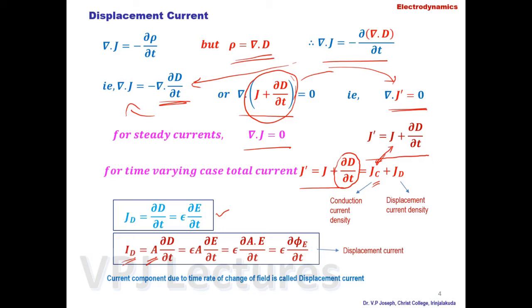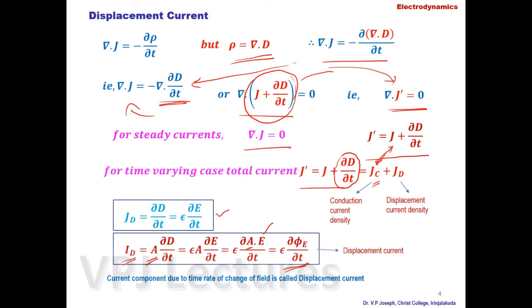So A into dou D by dou t, that is equal to epsilon A into dou E by dou t, or epsilon dou by dou t of A dot E. And what is A dot E? A dot E is the normal component of E with respect to the area A, that is the electric field quantity in the direction of area. So that is nothing but the flux of E, phi E, so epsilon dou by dou t of phi E.